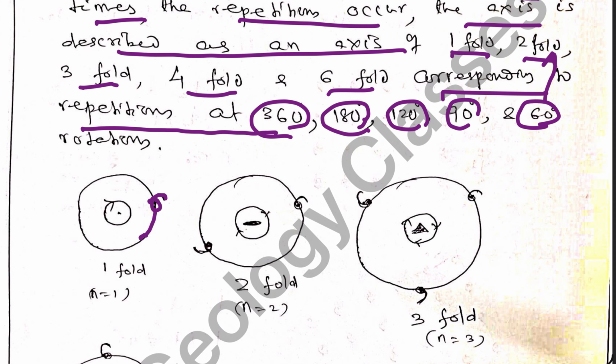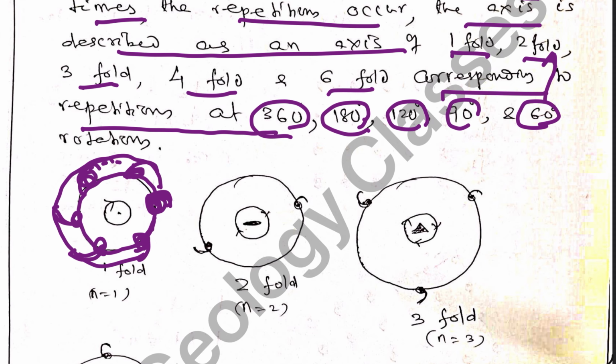If it goes on like this, and here it comes to its original position, this position is repeated after 360 degree rotation. So this is 1-fold. Here this is repeated after 180 degree rotation.